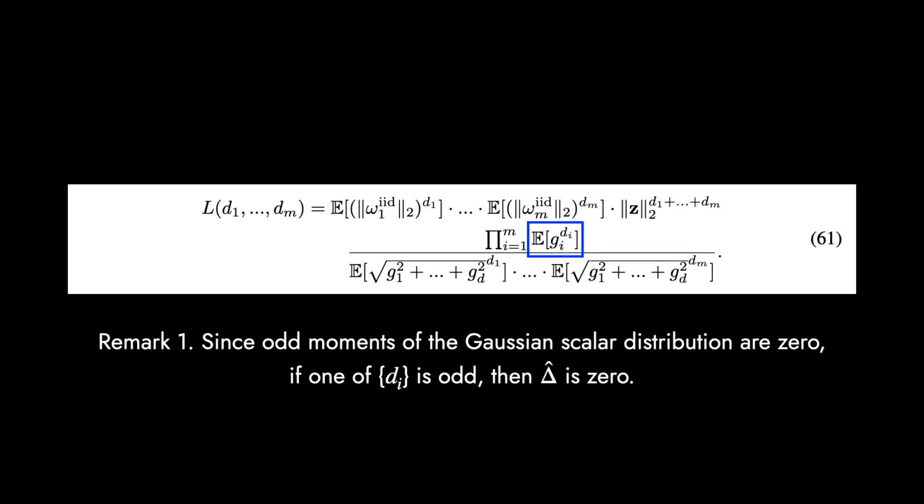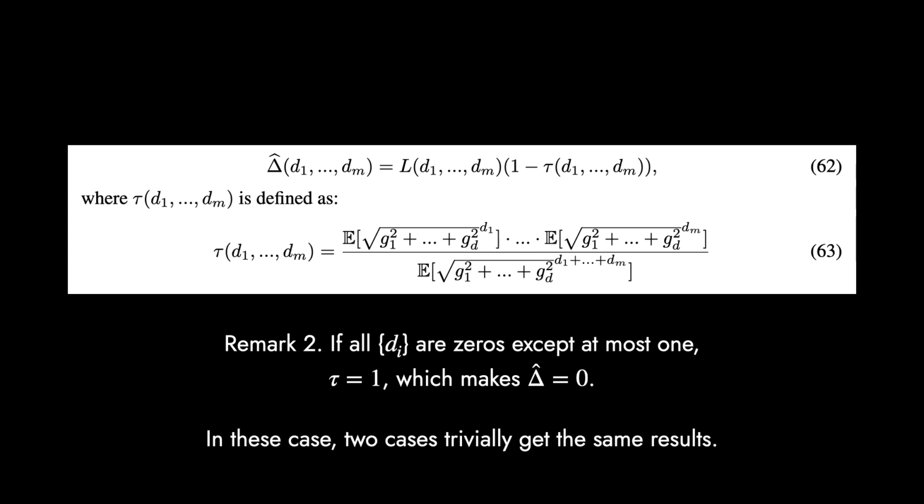Remark 1. Since the odd moments of the Gaussian distribution are zero, if one of the i's is odd, then delta hat is 0. Remark 2. If all the i's are zeros except at most one, tau is 1, which makes delta hat 0.